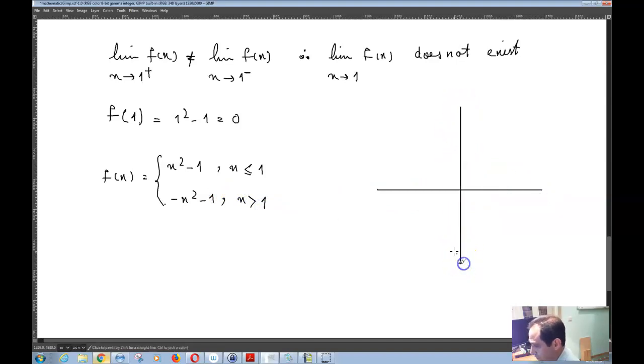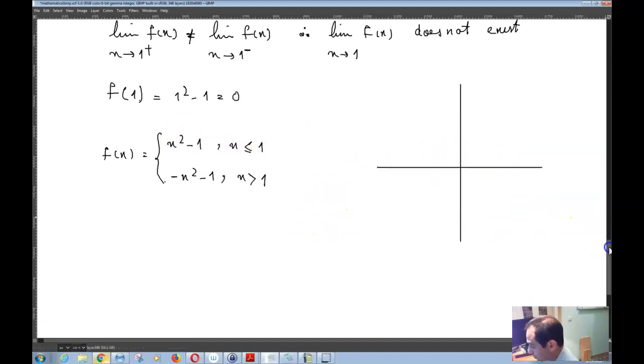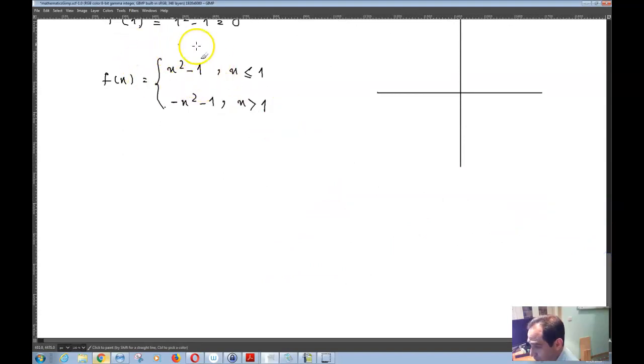So then you have x squared minus 1, which is basically this function over here. If you want to know how to graph these functions without doing much calculation, you see f of x is equal to x squared is some function like this.